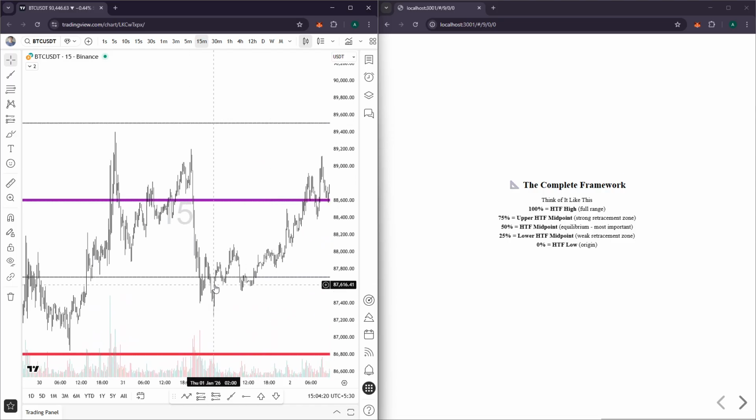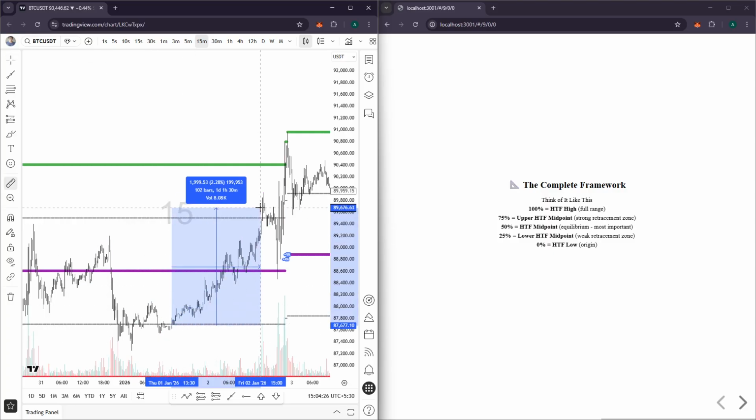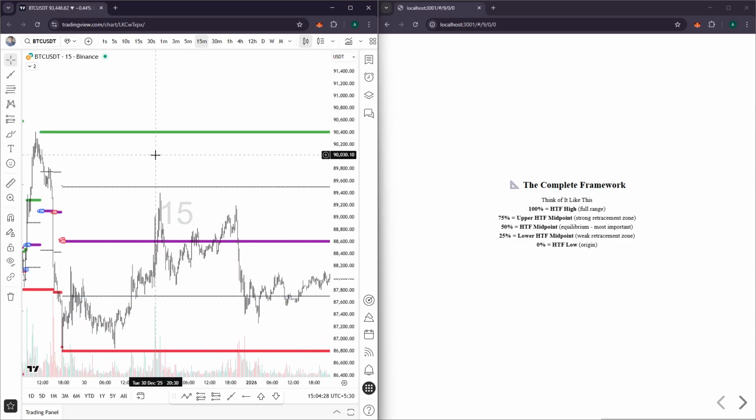So you can see this is 25%, a weak retracement zone but a strong support zone.